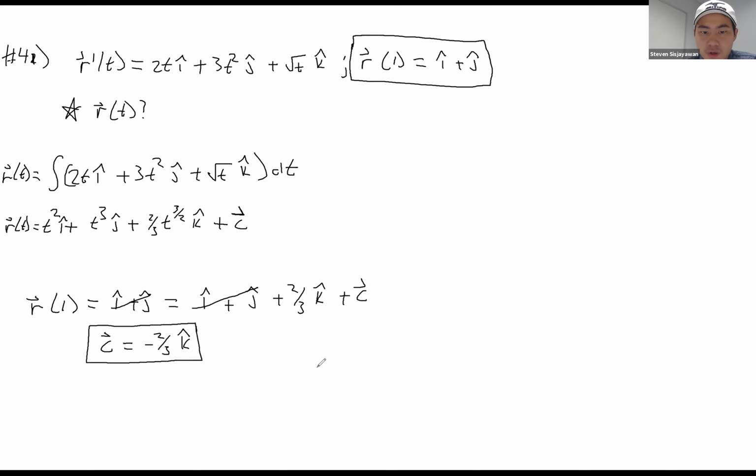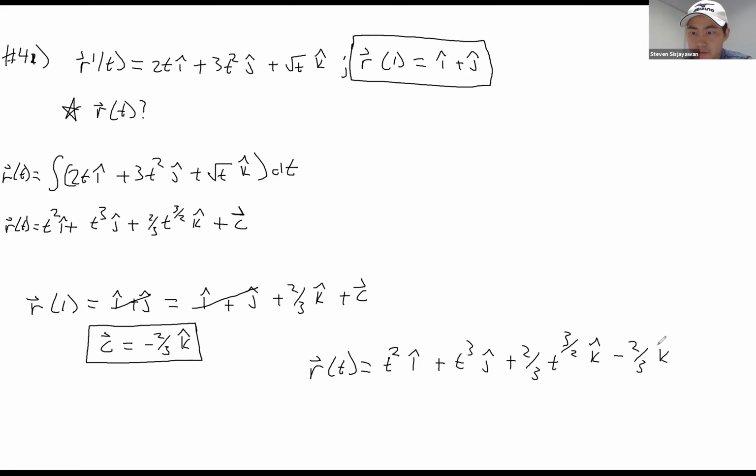Okay. So rewriting r of t, the vector function is going to be t squared i hat plus t cubed j hat plus 2/3 t to the 3/2 k hat minus 2/3 k hat. Okay.